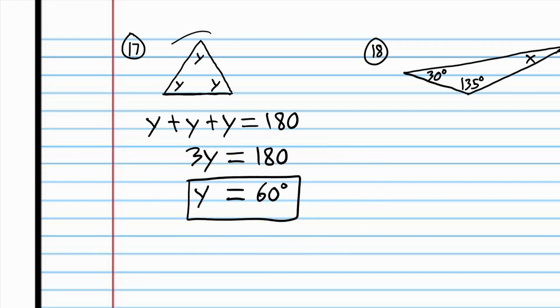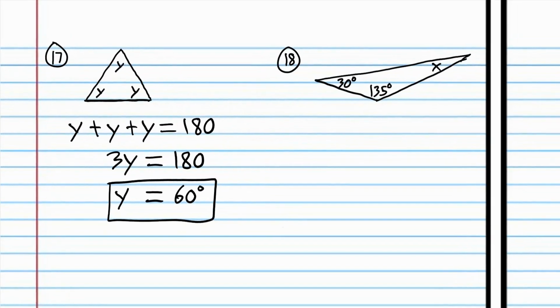So this is an equiangular triangle because all the angles are the same. And it turns out that if a triangle is an equiangular triangle, the angles must be 60 degrees. That's the only way that could possibly be true. And you can prove that using the triangle sum theorem.